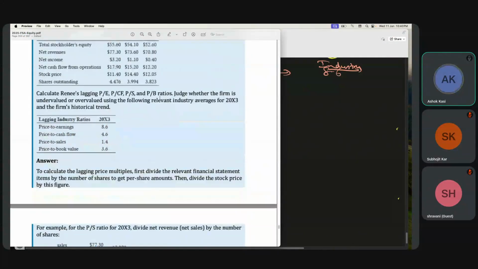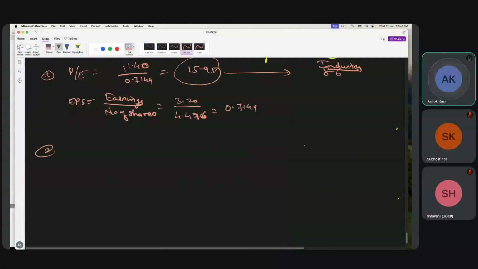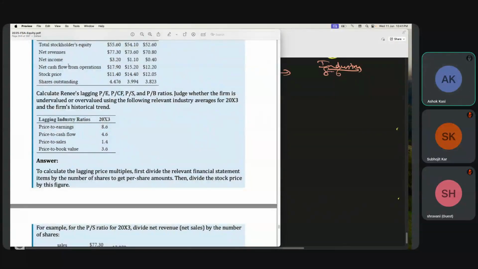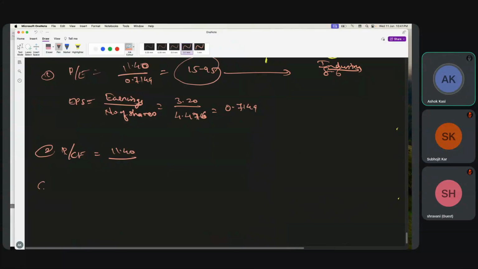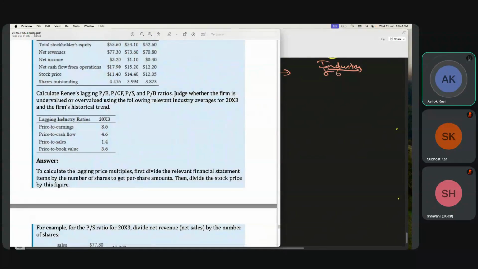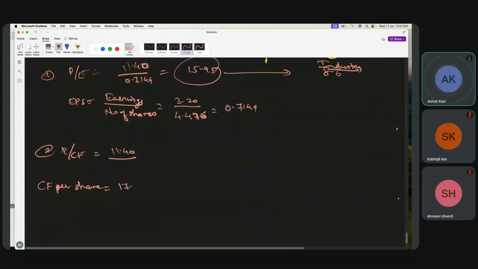The next one, price to cash flow. This is price. Again, I want cash flow per share because this price is per share. Cash flow per share is 17.9 divided by the number of shares, 4.476.